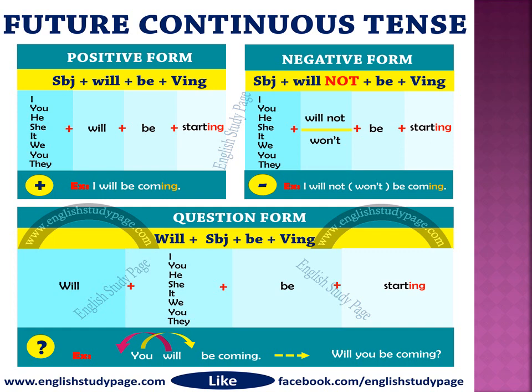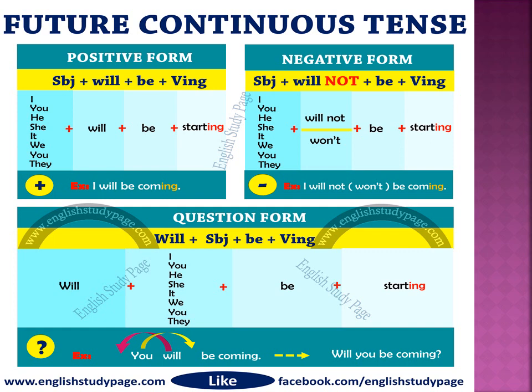If you want to frame an interrogative sentence, then helping verbs will be in the beginning. That is will or shall plus subject plus be plus first form of the verb plus ing plus object. And in case of interrogative negative, helping verbs first, that is will or shall plus subject plus not plus be plus first form of the verb plus ing plus object.